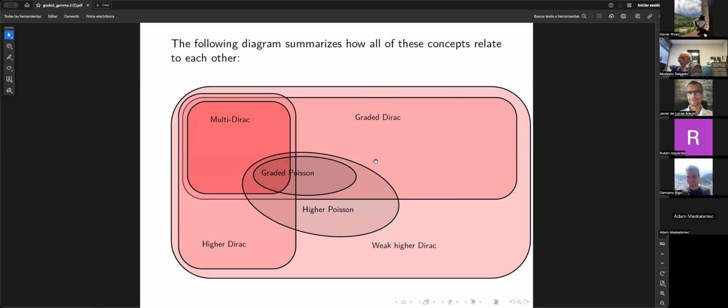In multisymplectic geometry, things are graded, so it's the natural thing to think. And as you said, there are a considerable number of people working on this, and the applications in field theory.